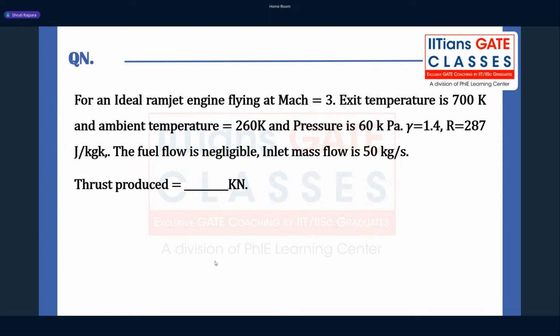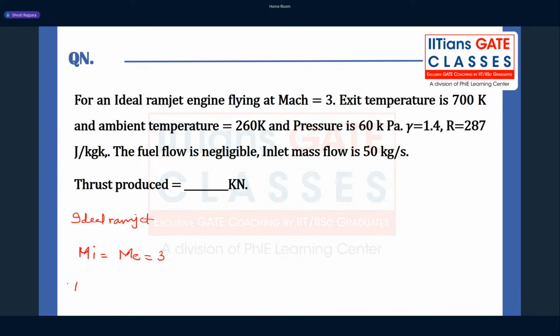So for this question, they have given an ideal ramjet. So in case of ideal ramjet, the Mach number of the inlet is same as Mach number at the exit. This is the characteristic of ideal ramjet.